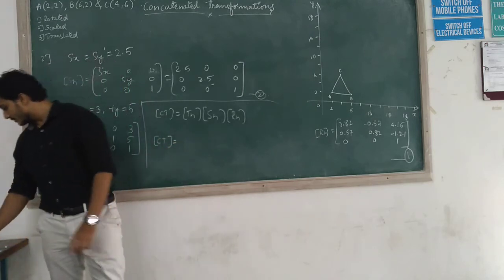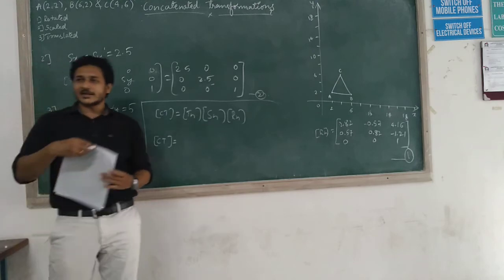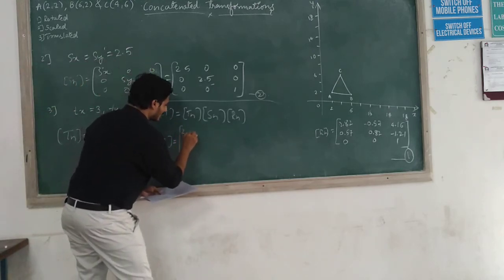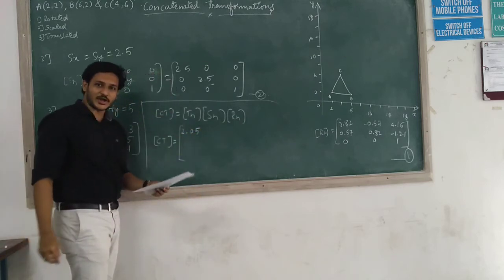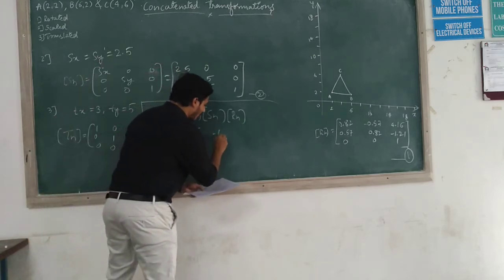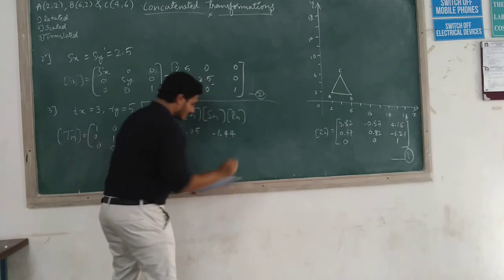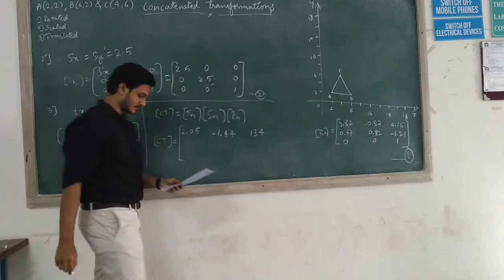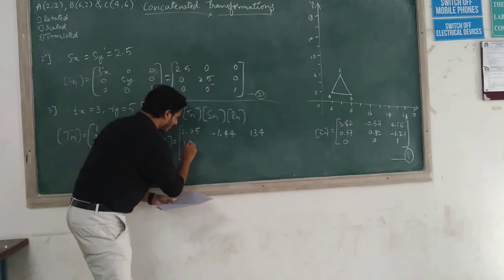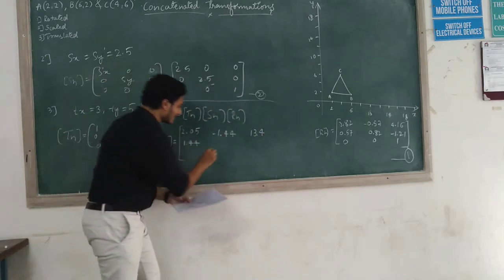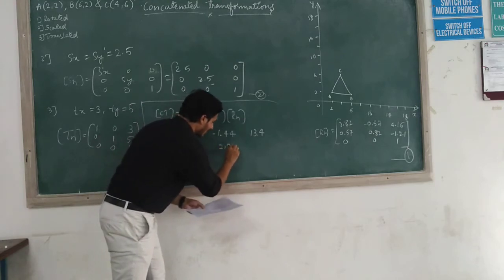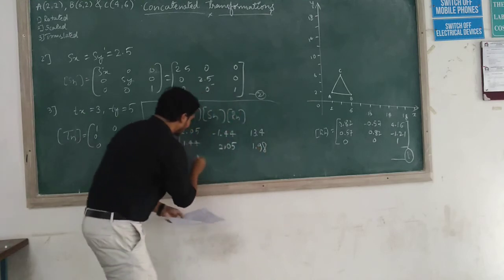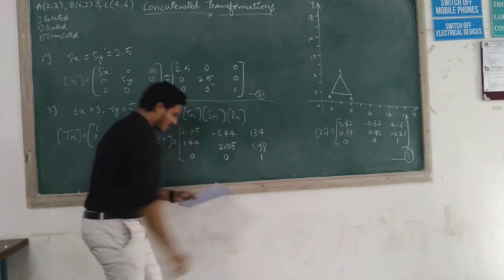Let me write it down directly: 2.05, minus 1.44, 13.4, 1.44, 2.05, 1.98, and 0, 0, 1.